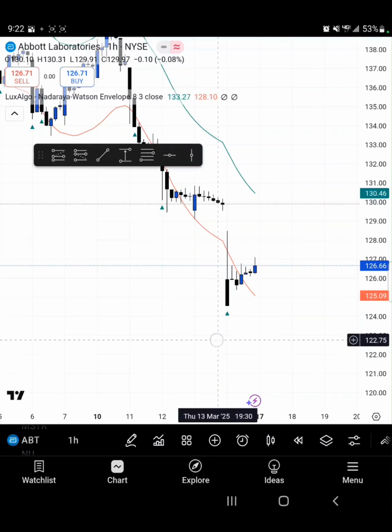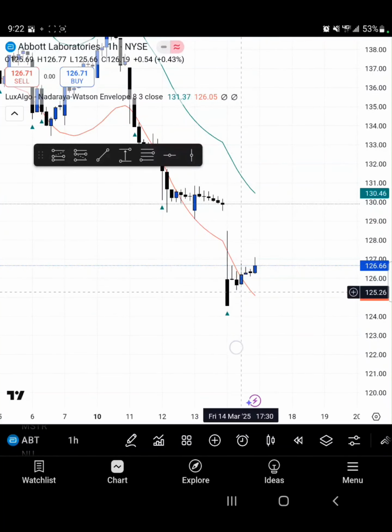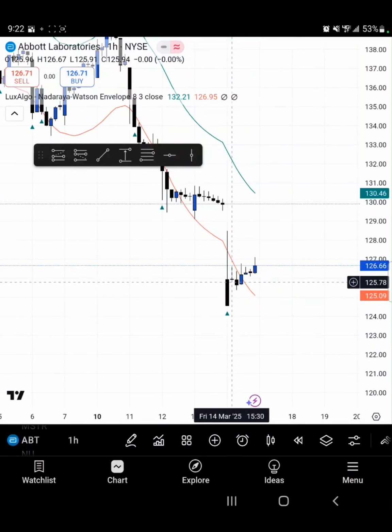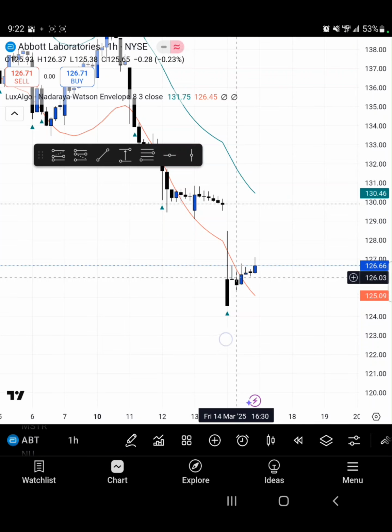Now this bearish black candle has crossed over this red line, signifying a buy. You are going to wait for a blue candle that is showing you that buyers are already in the market. After you get that blue candle to close, that is on the 1 hour time frame.